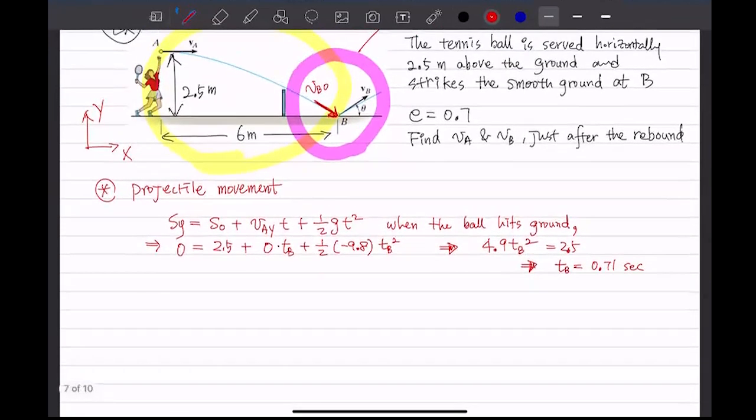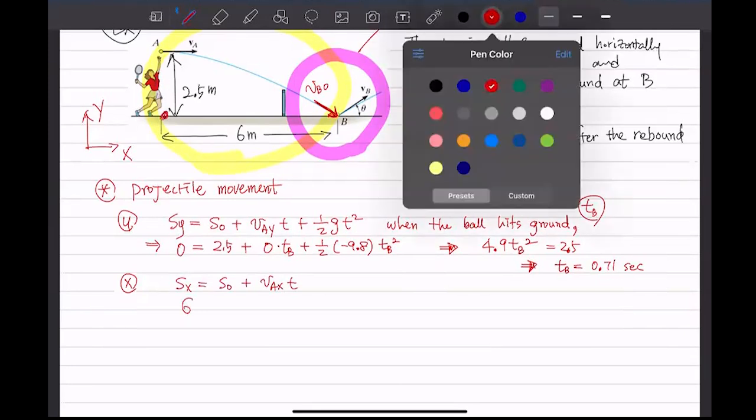And then that was the y direction. And what about the x direction? X direction is S of x equals S naught plus VAX times T. When it hits the ground, we call it TB. Then when it hits the ground, this is going to be 6, because it was here.